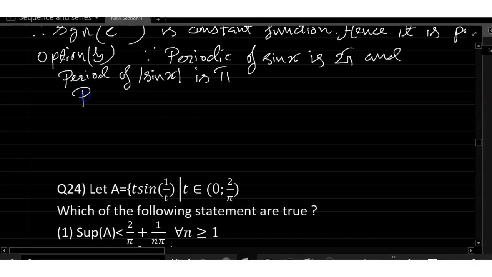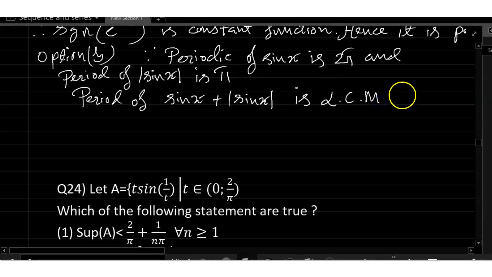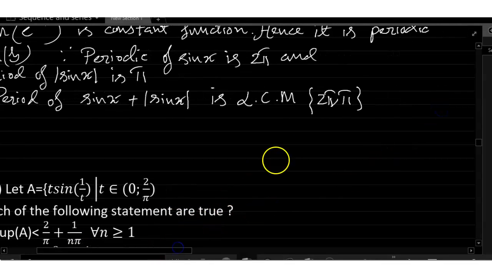So the period of sin x plus mod of sin x is equal to 2 pi.